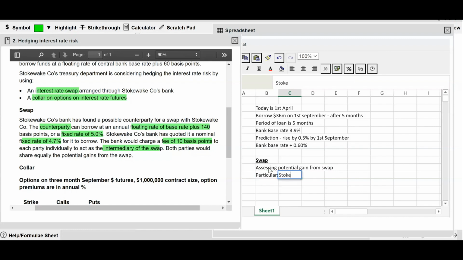One is the Stockweek company. We've got a counterparty for the swap, and what is going to be the interest rate differentials. Let's just organize this as far as possible.